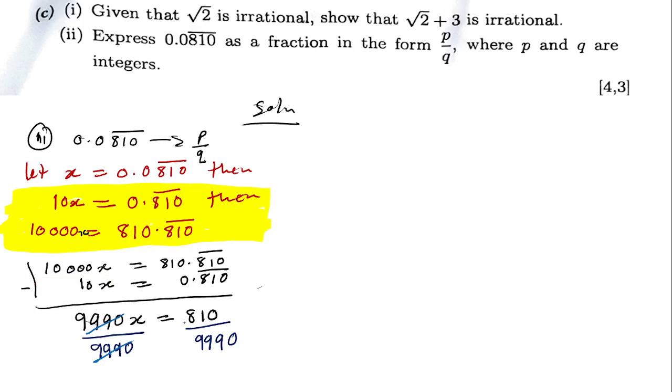So in this case, your x will simply be equal to 810 over 9,990. Make sure that you leave your answer in the simplest way. You don't have a calculator, so that 0 and that 0 will go. So you're going to have x is equal to 81 over 999.